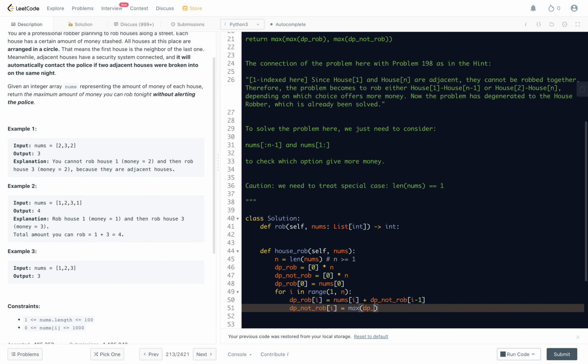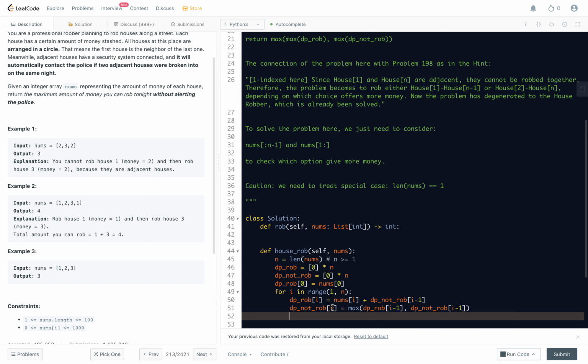Then dp not rob i will be the max of dp rob i-1 or dp not rob i-1, because if we do not rob house i, we can choose to rob house i-1 or not. With that done, we can give a final return that is the max of dp rob and dp not rob.